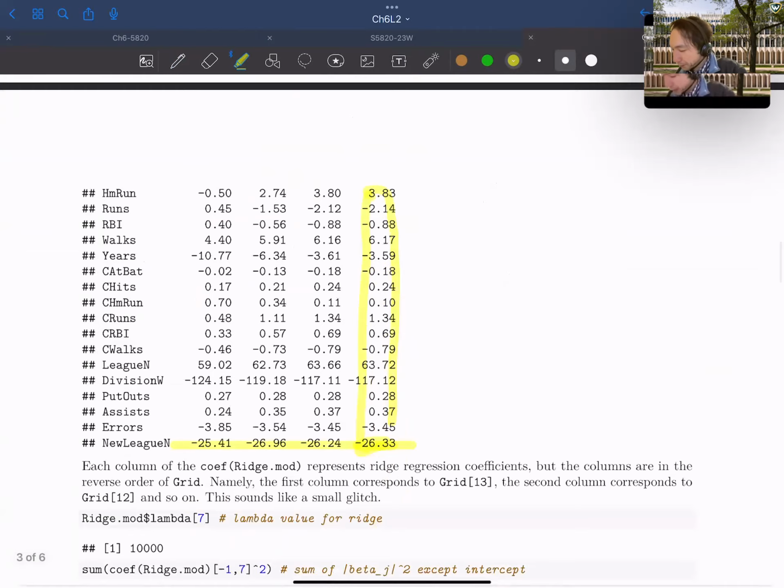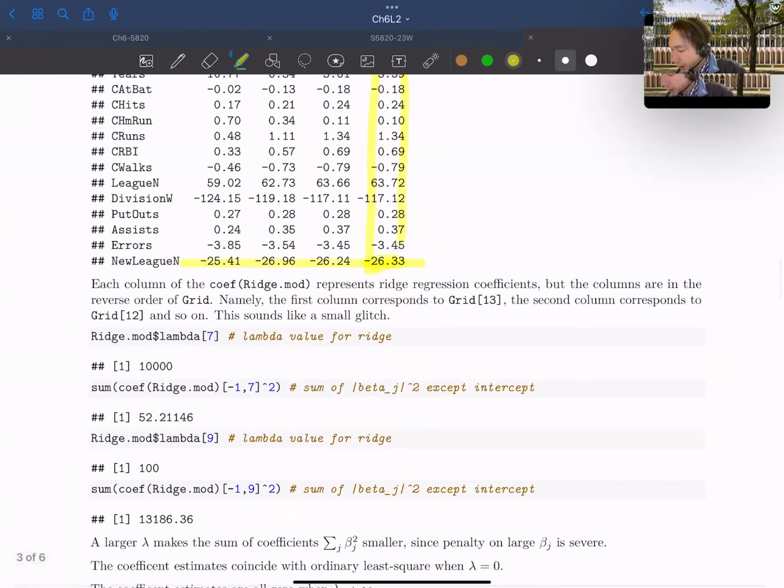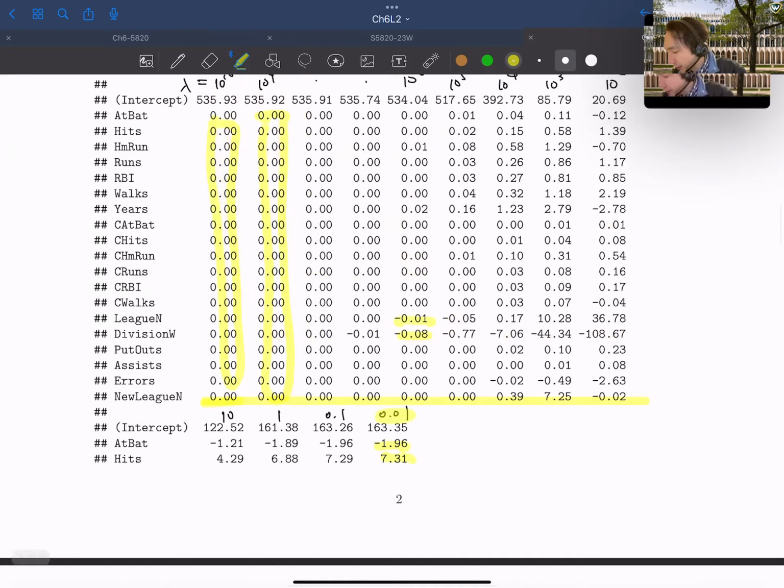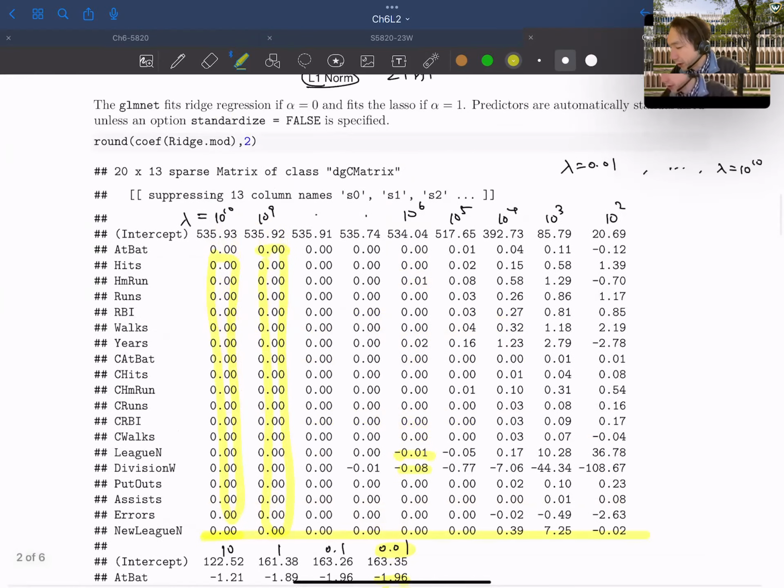This is a little bit strange because we input 0.01 first, but actually this is in reverse order.